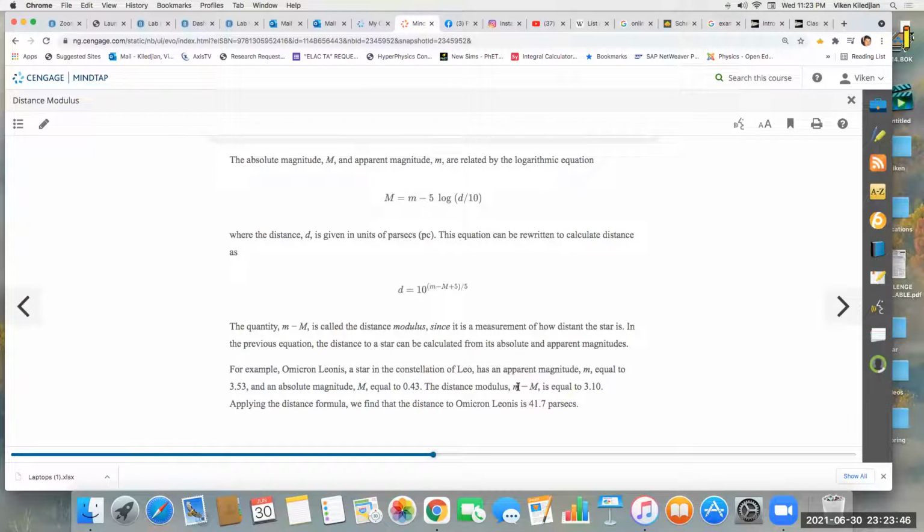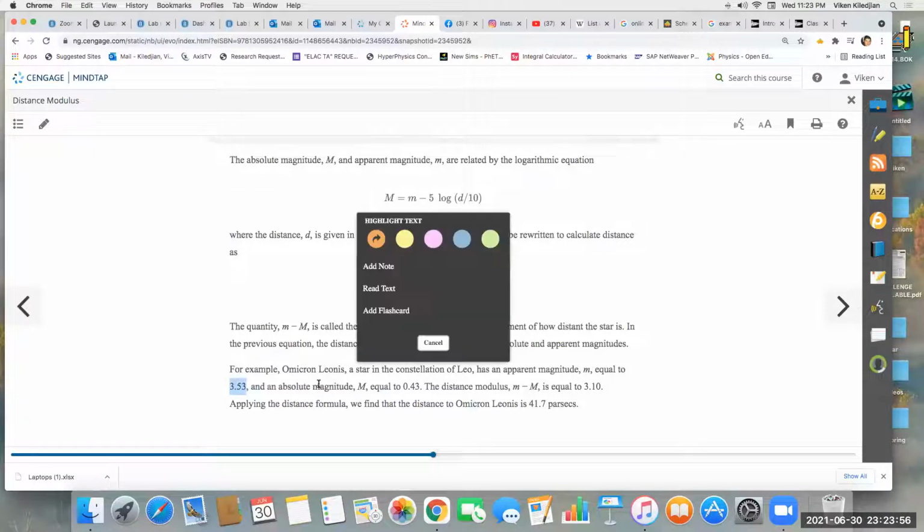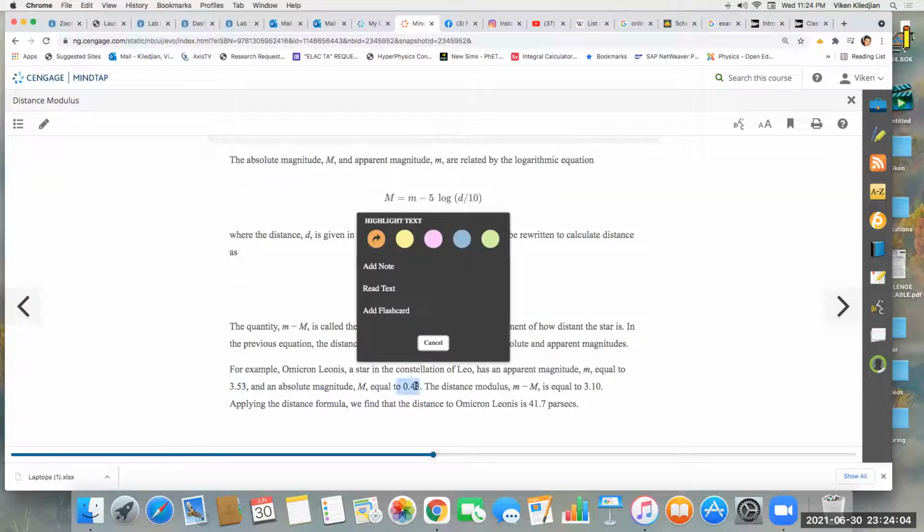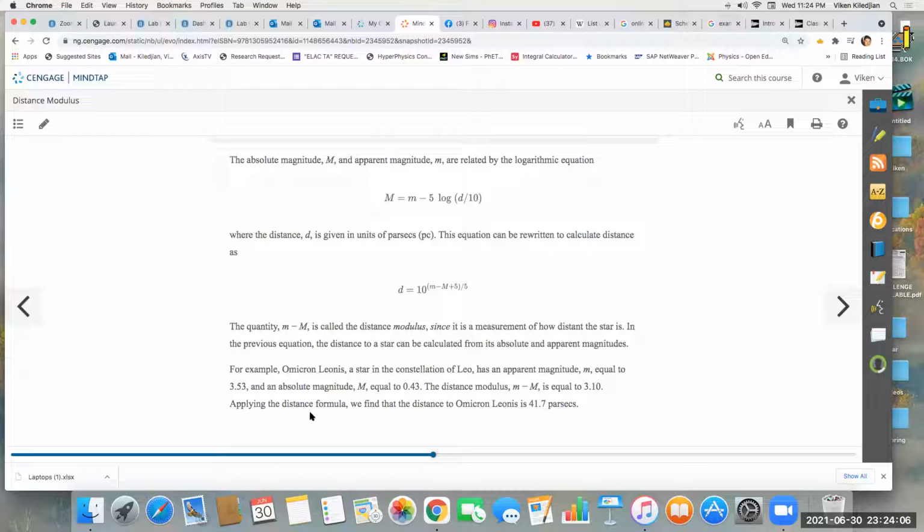The distance modulus m minus M is equal to 3.10. Okay, so notice here they're giving you the apparent magnitude 3.53 and an absolute magnitude of 0.43. So they're doing 3.53 minus 0.43 and they're getting 3.10. Applying the distance formula, we find that the distance to Omicron Leonis is 41.7 parsecs.